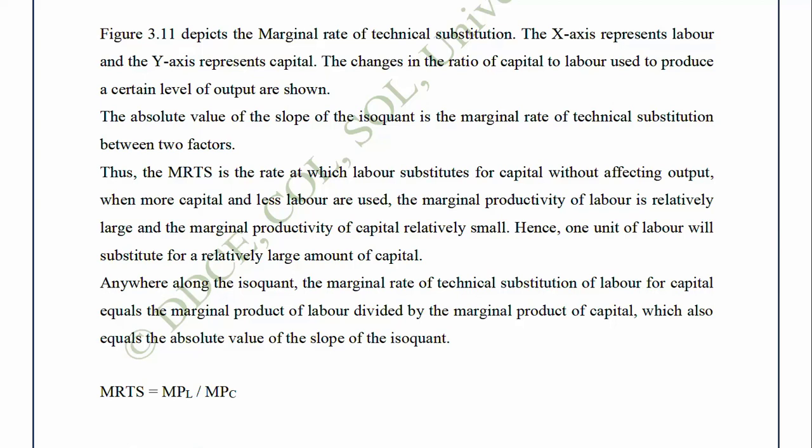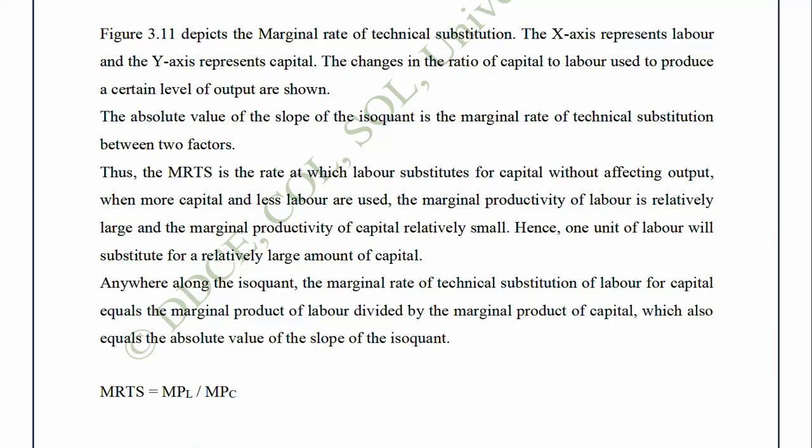The absolute value of the slope of the isoquant is the marginal rate of technical substitution between two factors. Thus, the marginal rate of technical substitution is the rate at which labor substitutes for capital without affecting output.